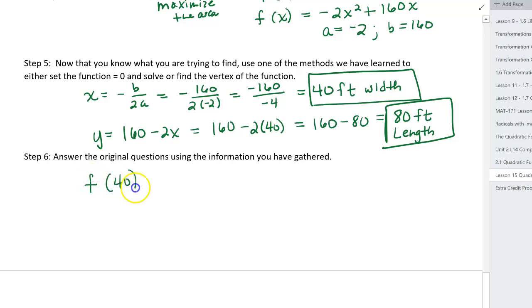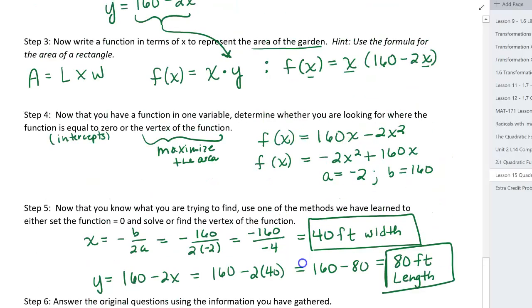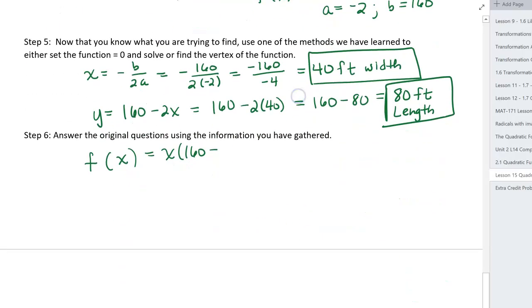So f of 40 is equal to, let me write the function first. f of x is equal to x times 160 minus 2x.